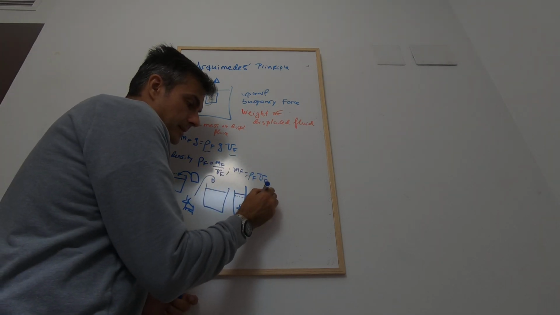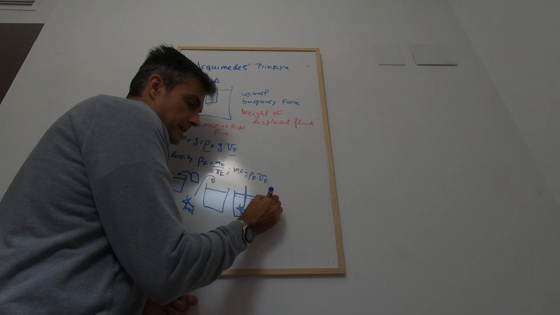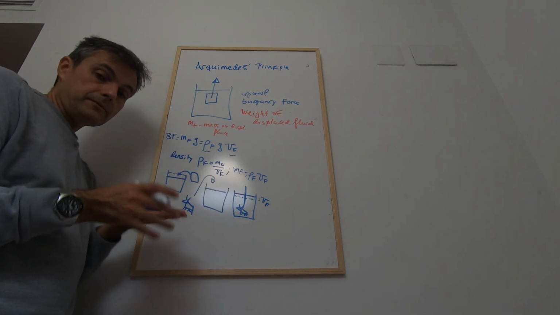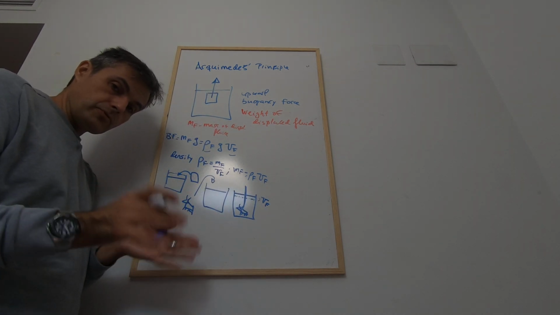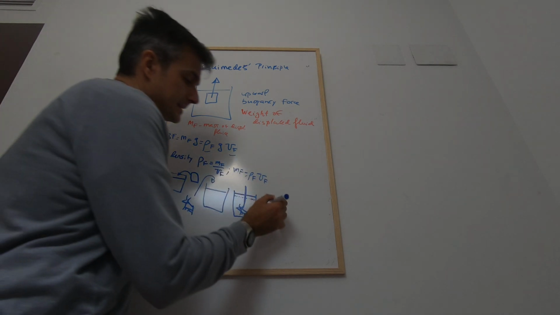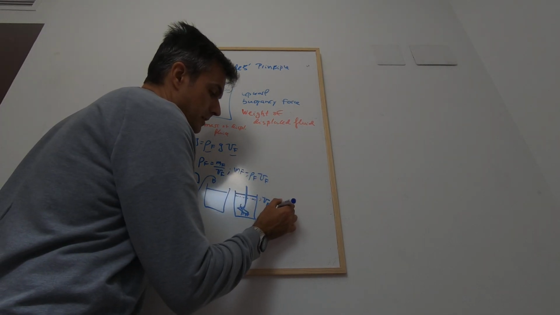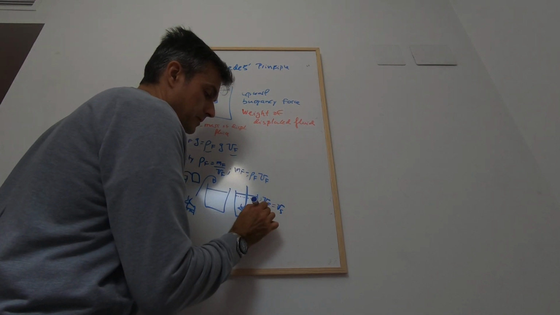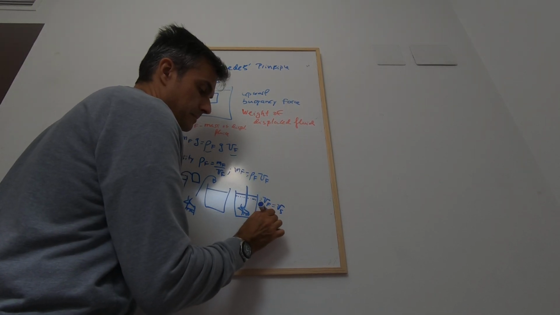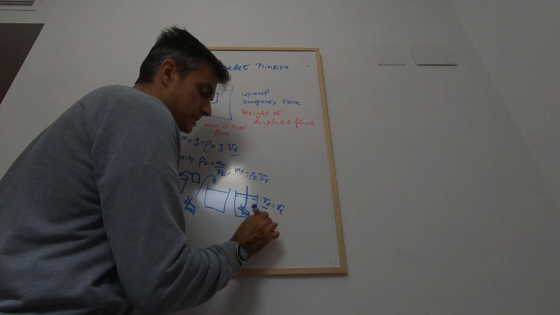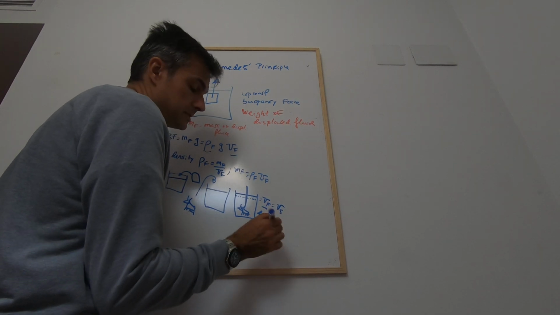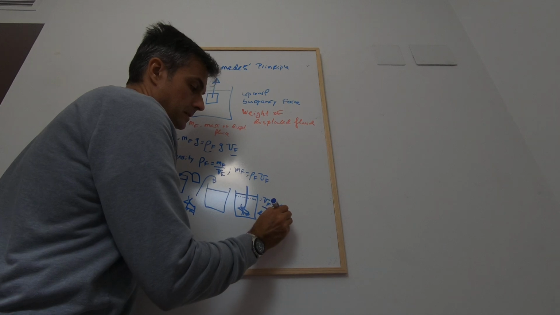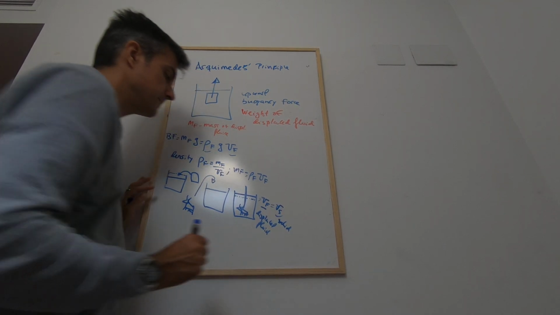It was discovered that this volume of displaced fluid, the volume that the cow has to push away to enter the fluid, is exactly the volume of the solid, in other words, the volume of the cow. Why? Because the solid displaces the fluid. V is volume all the time.